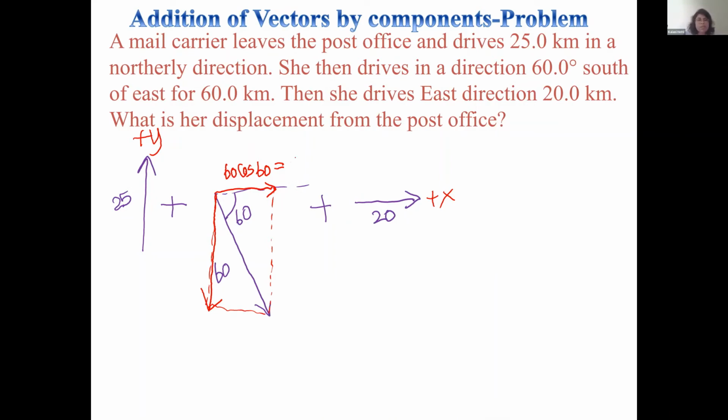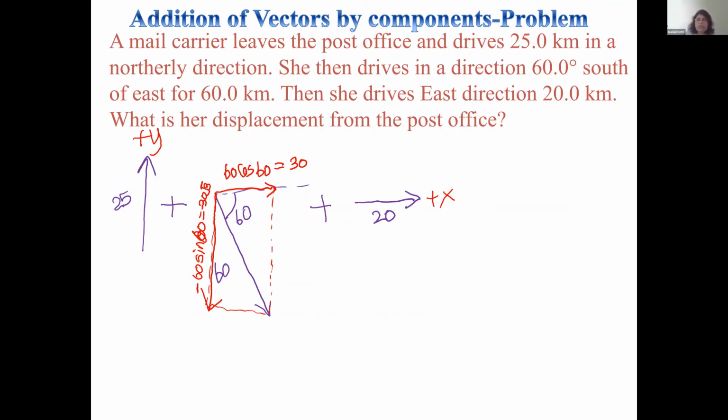That means this will be around 30 kilometers. And then this length will be 60 times sine of 60, but it is a negative value because it is in the negative y direction. This number will be negative 30 root 3, because sine of 60 is root 3 divided by 2, so it will be 30 root 3, right?